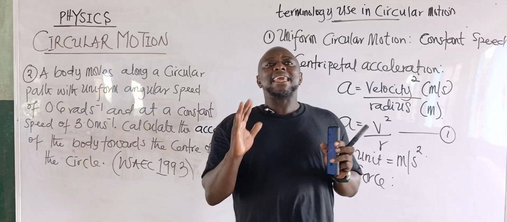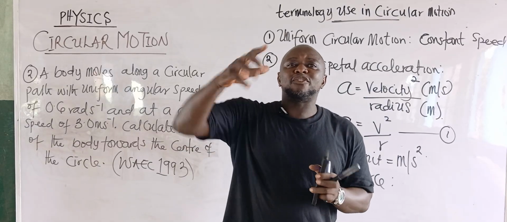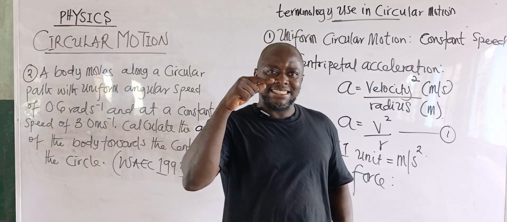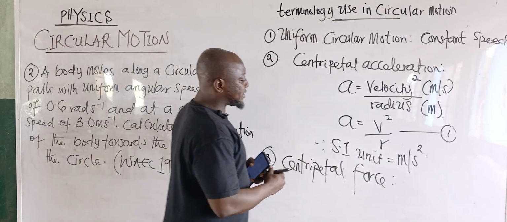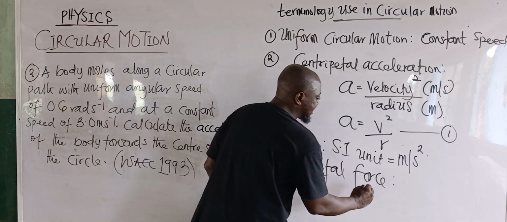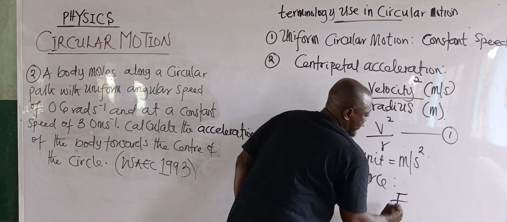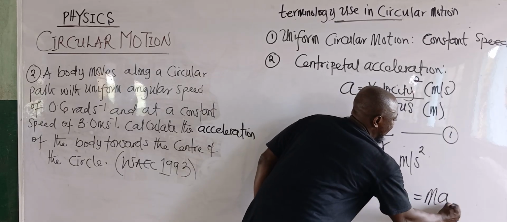So if you see an object moving in a circle, there is a force that keeps it steady. That force is called centripetal force. Mathematically, centripetal force is given to be MA.